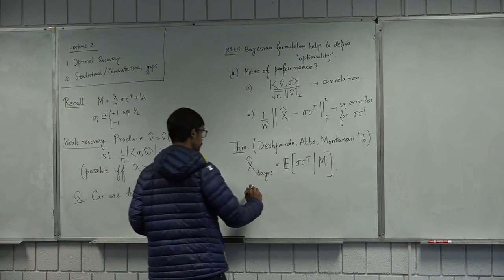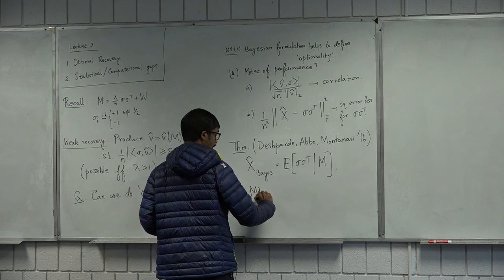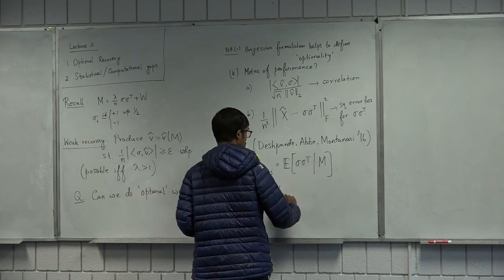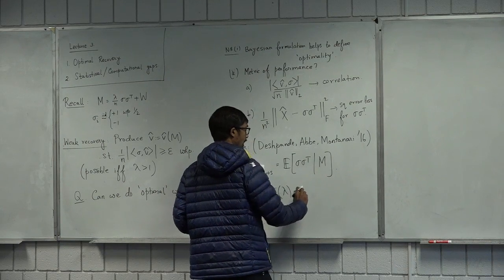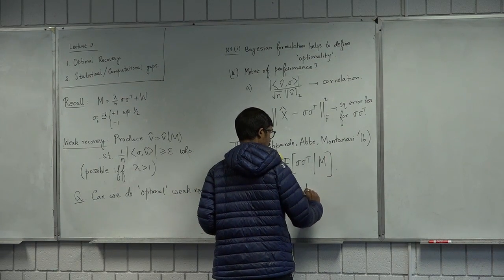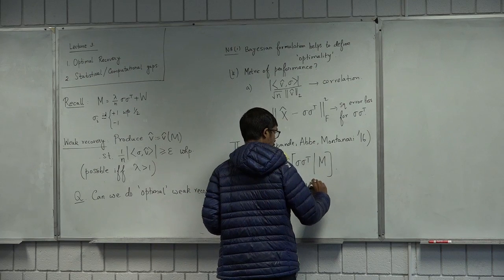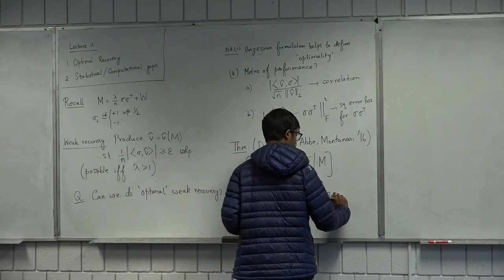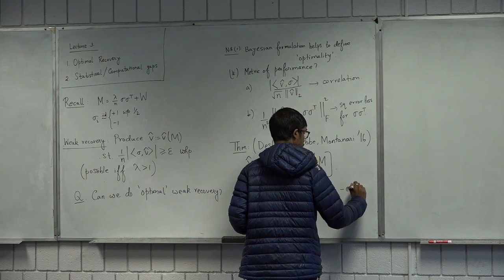And if you define MMSE, the minimum mean square error, as 1 over n square times the Frobenius norm of x hat Bayes minus sigma sigma transpose.